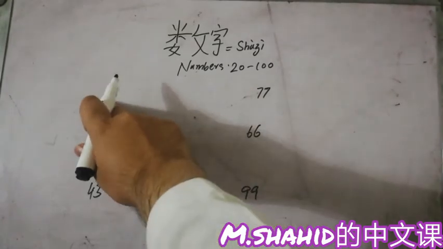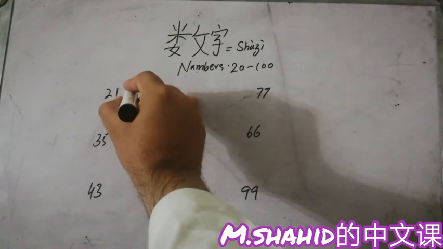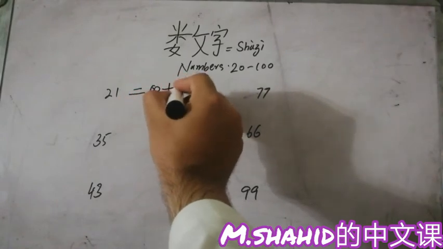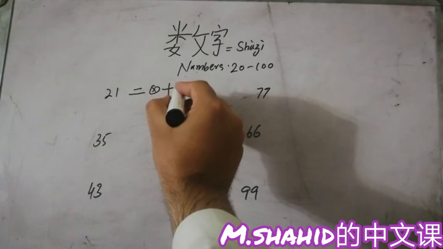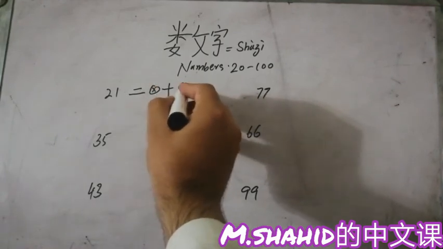For writing this, you need to know three numbers. The first one is multiplication, and the second operation you will do here is addition.